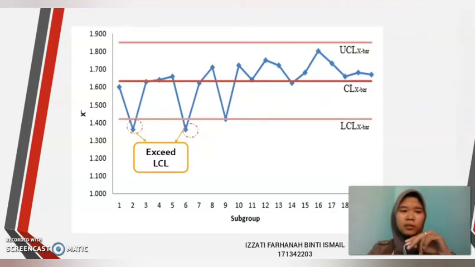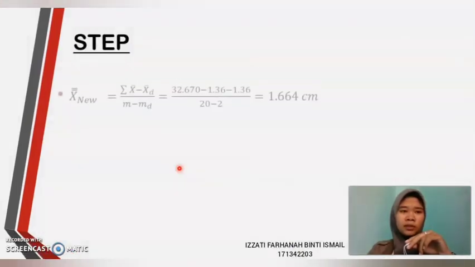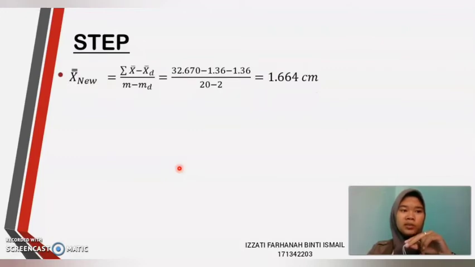The first step is to find the new X double bar. To find this value, the formula we use is the total sum of the X bar minus the X bar values for the samples that we want to remove, divided by the total samples minus the total samples that we remove.